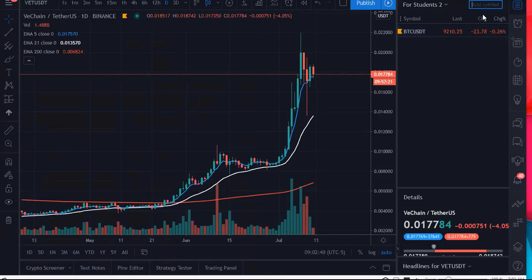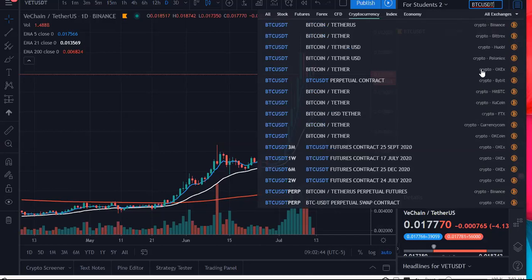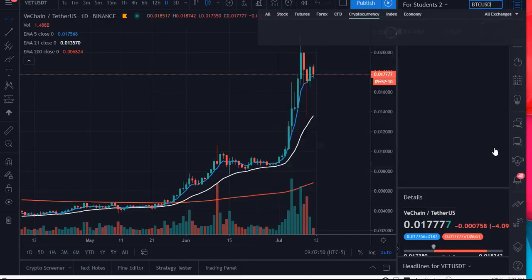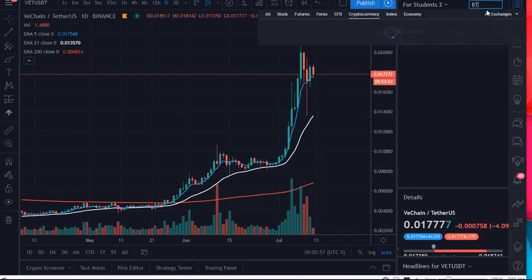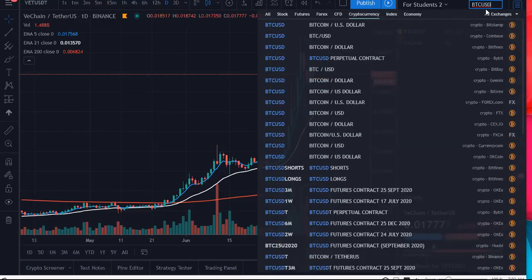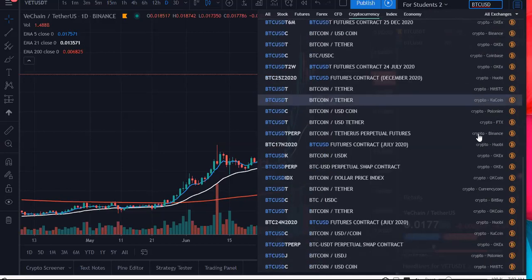You have to have a paid version to do all of this stuff. Also, I'm going to have Coinbase. Where is Coinbase? Oh, Coinbase right here. So that's USD, not Tether, because it uses actual dollars. BTC, USD. We need to have HitBTC, because that has the oldest history for Bitcoin.